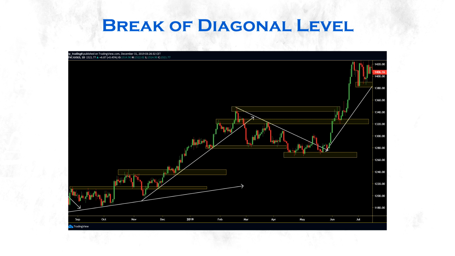This is what price does all the time. It moves from an uptrend to a downtrend to an uptrend to a downtrend and so on. And all we do is we draw all the clear horizontal and diagonal levels, as we know that price tends to bounce at these levels, to predict the future movement of the market and get good entries.